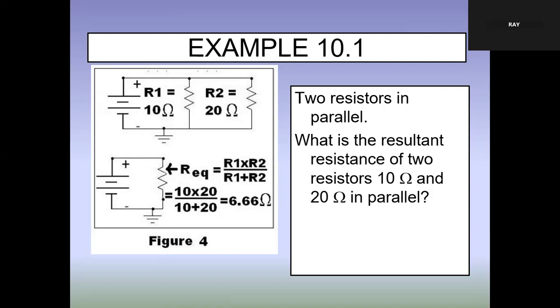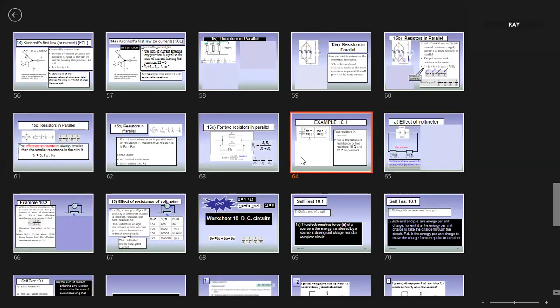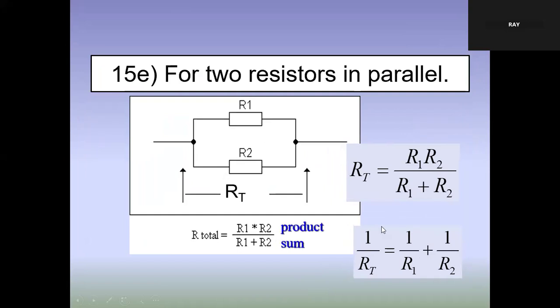So isn't it just 1/10 plus 1/20? Then after you add it up, you have to invert it, right? It becomes 3/20, and inverting gives 20/3. Because you are using the original formula, you have to invert this one to get RT, right?